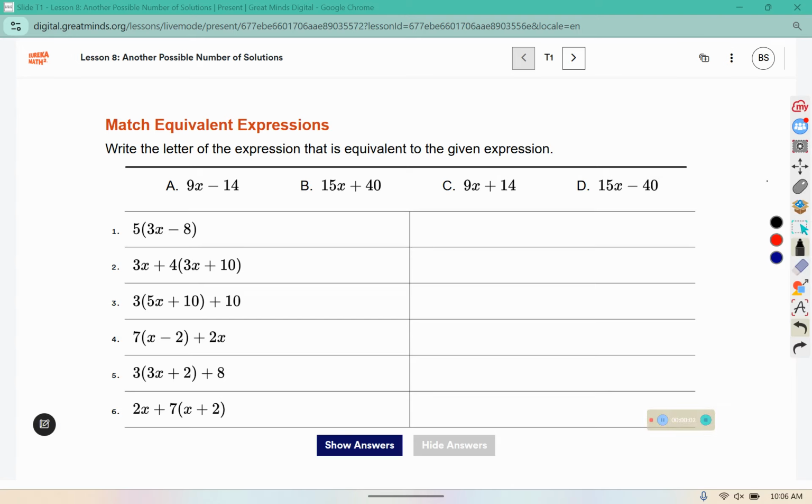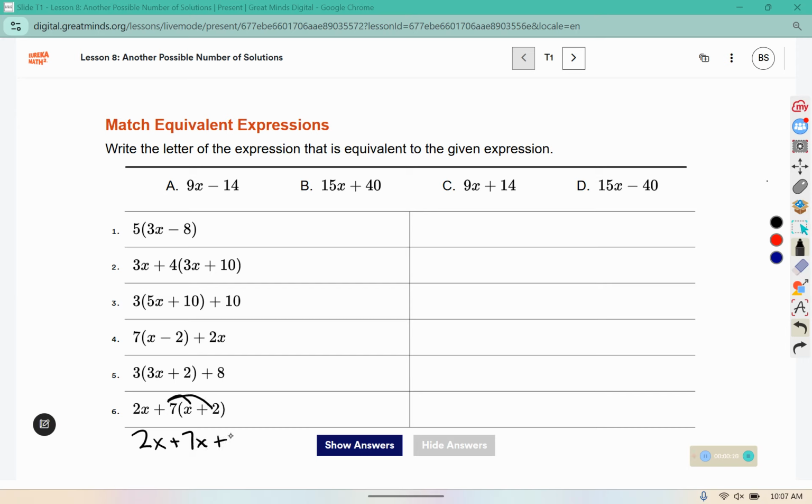Write the letter of the expression that is equivalent to the given expression. So up at the top, we have like a bank of possible options. Here, this would be 2x. We would distribute the 7 to create 7x.